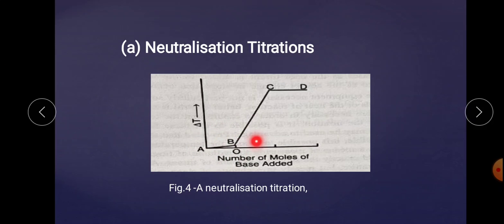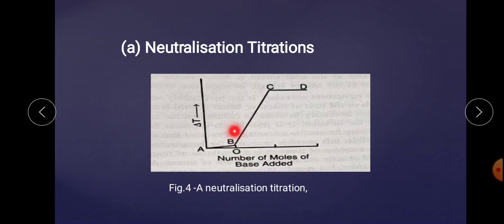At point B, the titrant, that is base, which has been poured into the burette, is added, which neutralizes the acid present in the titration vessel. Due to the addition of base into the acid from the burette to the titration vessel, heat of neutralization is produced.